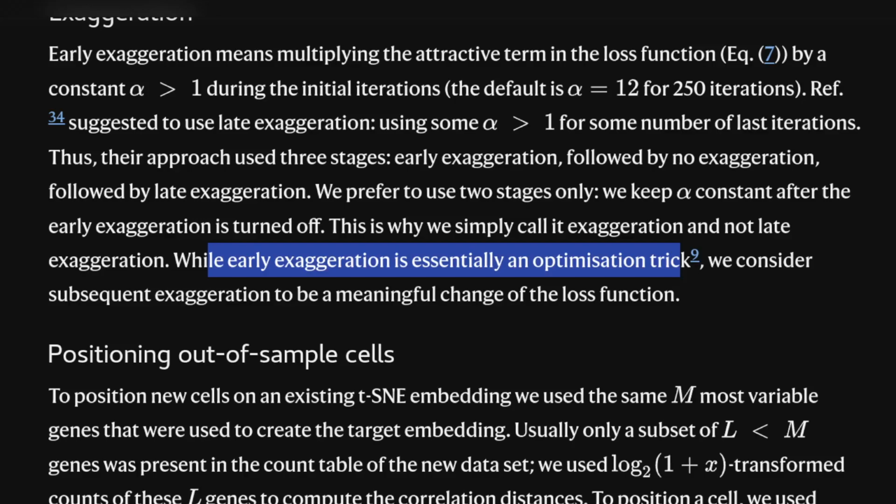McInnes, L., Healy, J. and Melville, J. UMAP: Uniform Manifold Approximation and Projection for Dimension Reduction, https://arxiv.org/abs/1802.03426, 2018. Becht, E. et al. Dimensionality Reduction for Visualizing Single-Cell Data Using UMAP. Nat Biotechnol 37, 38, 2019.